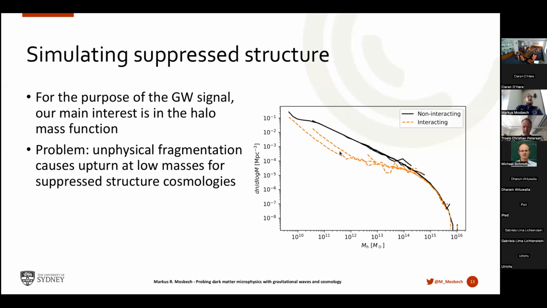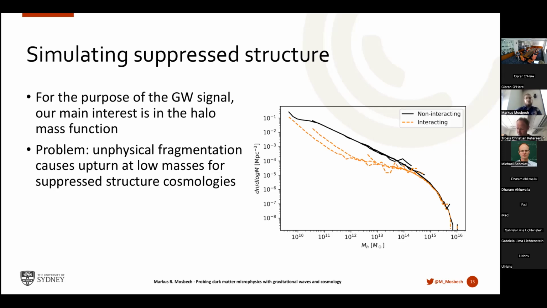Thus, we can't really just take our direct simulation output and put it into post-processing code to assign galaxies to our halos, because how do we know which of these halos are spurious, and which of these halos are real? Which is why we use the GALFORM Monte Carlo method of generating galaxies, because then we know all our galaxies are real.